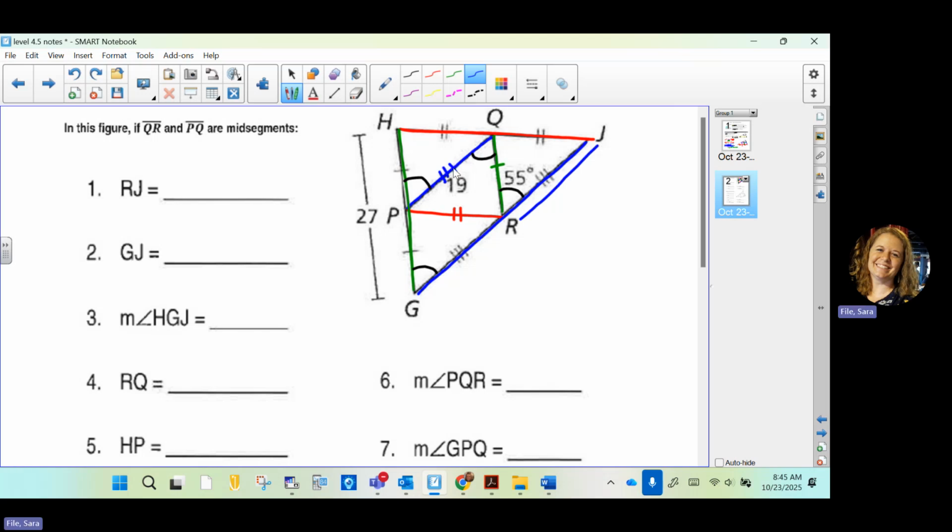What is it? 19. So these are going to be 19. So you could label that in your picture, 19 and 19. So RJ is 19. And then GJ, that's this whole length from G to J. What are you going to do with those 19s? Add them together. So you get 38.